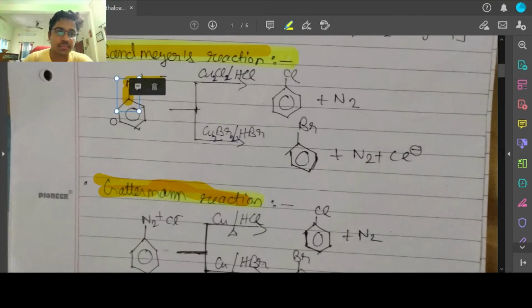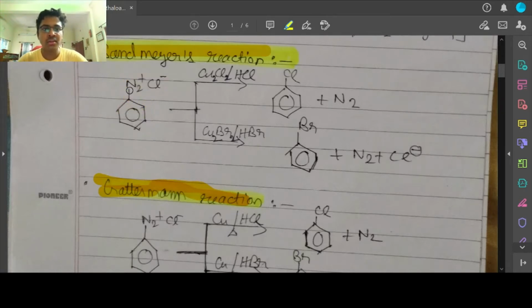So what is this? This is not aniline, but a diazonium salt. If you have gone through the video on amines, the nitrogen containing compounds, you know what diazonium salts are.